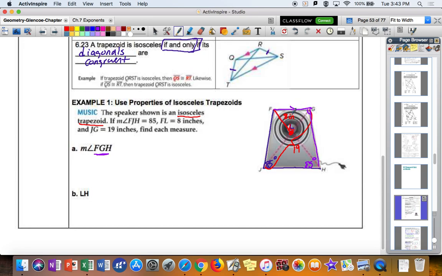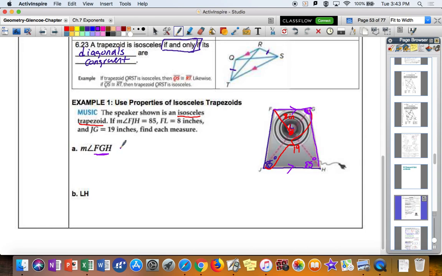Remember, we also know that we have a pair of parallel sides, opposite parallel sides, because that's the definition of a trapezoid. If those sides are parallel to each other, then we know the consecutive angles between those two bases would have to be same side interior angles and therefore supplementary. So this angle up here has to be supplementary to the one down here.